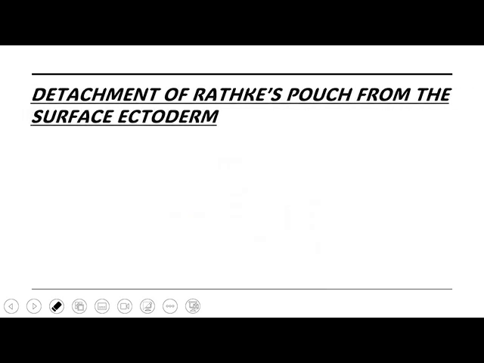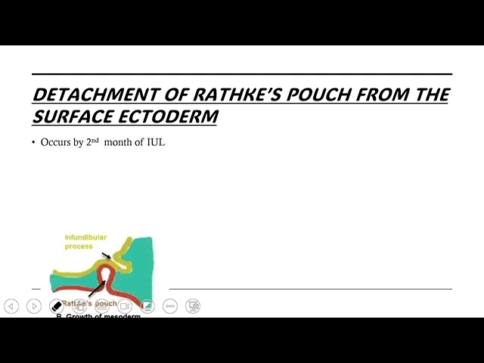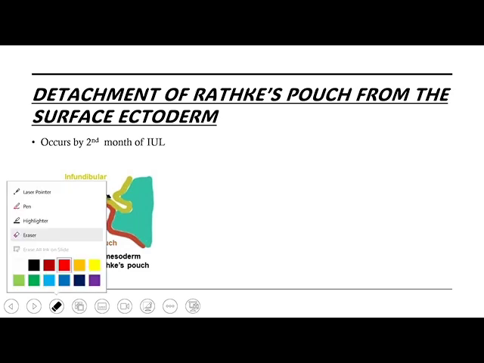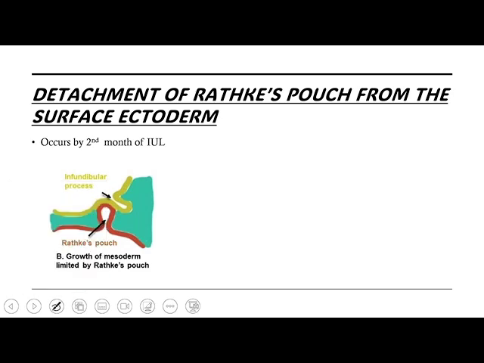In the next slide, we will see that there is the detachment of the Rathke's pouch from the surface ectoderm during the second month of intrauterine life. What happens is that the Rathke's pouch, which has arisen from the surface ectoderm, later on the base of the Rathke's pouch constricts.